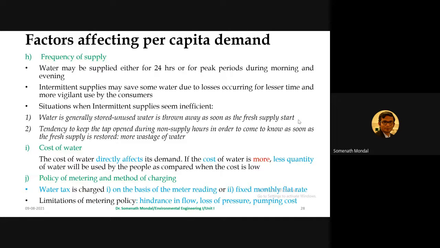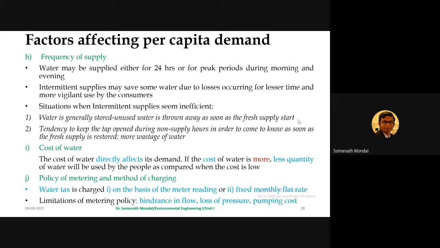However, there are certain limitations of the metering policy. Sometimes it hinders the flow, creates a loss of pressure, and can also increase the pumping cost. In most cases in India, especially in old cities where most of the water supply networks are pretty old, if you want to adopt this metering policy, since the pressure is very low at most consumption points, it will again hinder the flow, and then that would not be meaningful as such.